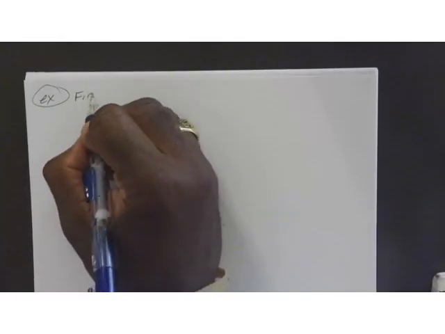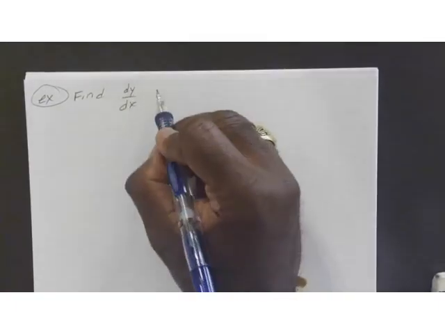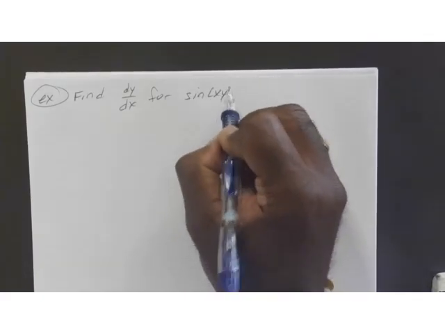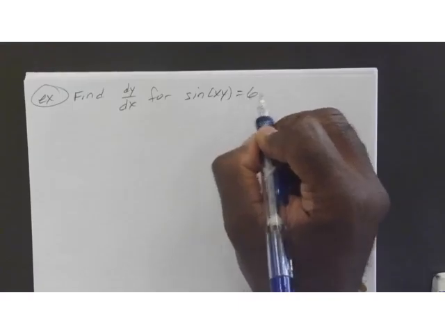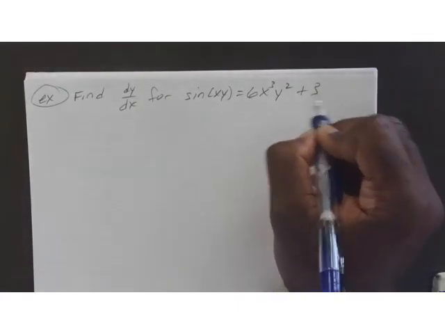Now, what if we wanted to find dy/dx for sine of xy is equal to 6x to the third power times y squared plus 3.